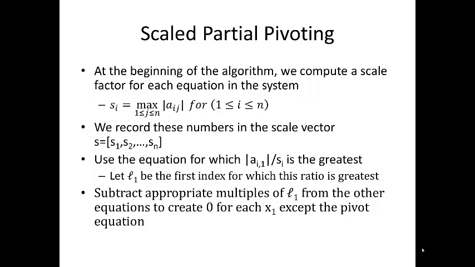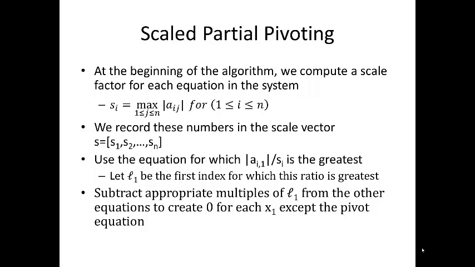We record these numbers in the scale vector S1 to Sn, and then use the equation for which a sub i1 divided by S sub i is the greatest, and we'll let L1 be the first index for which the ratio is greatest. So that'll involve changing the order in our index vector. Then we'll subtract the appropriate multiples of L1 from the other equations to create 0 for each x1 except the pivot equation.